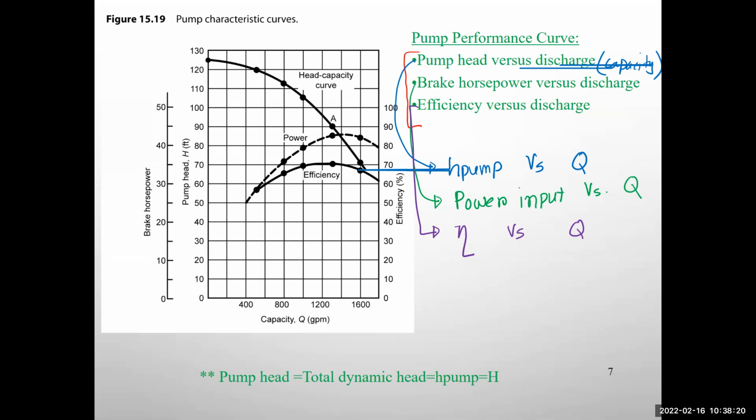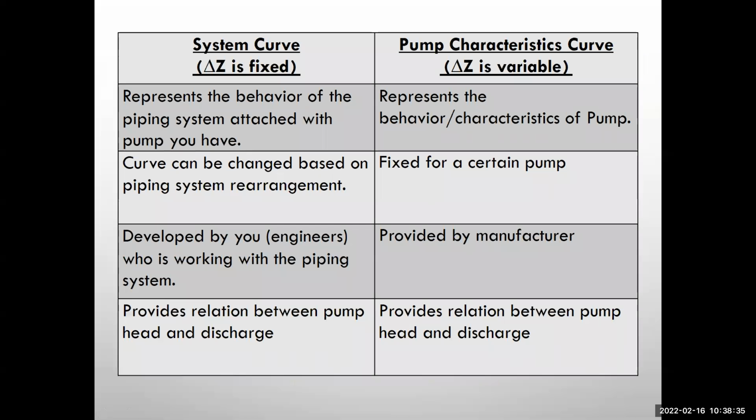Now I think it's time to differentiate between the system curve and the pump characteristics curve clearly so that you don't get confused. So let's write down a few characteristics of these two curves.